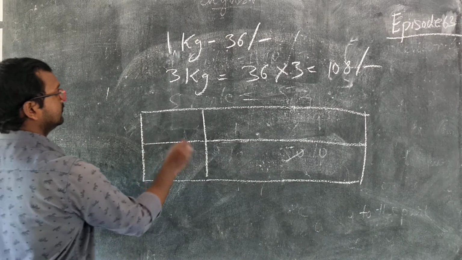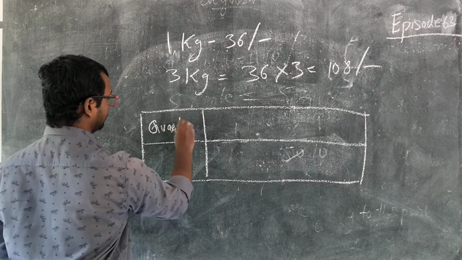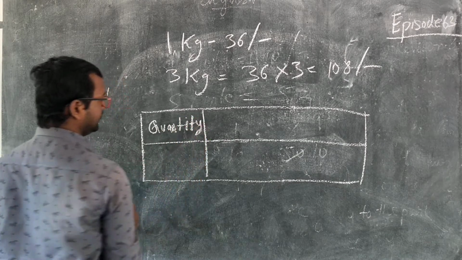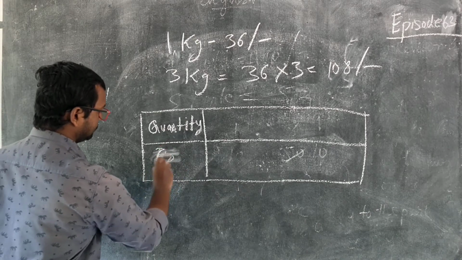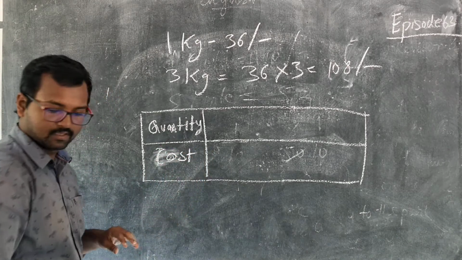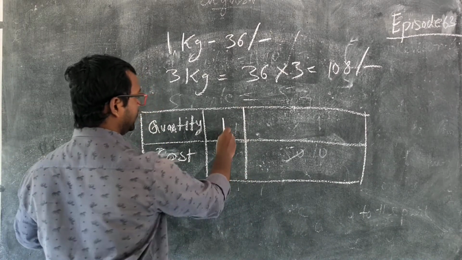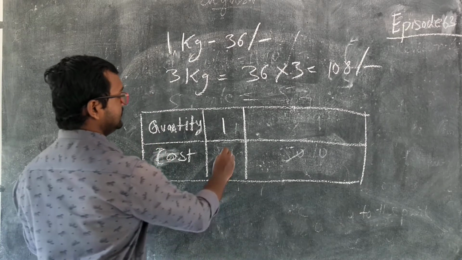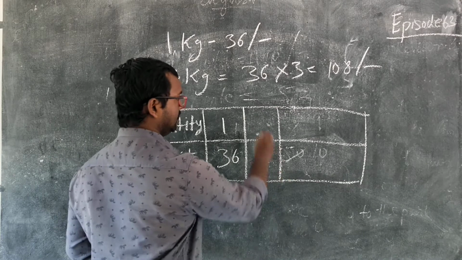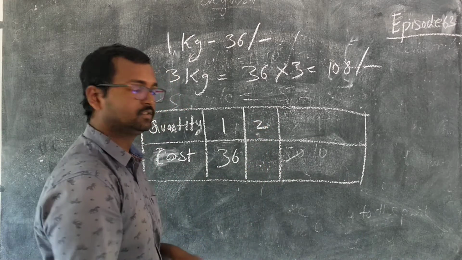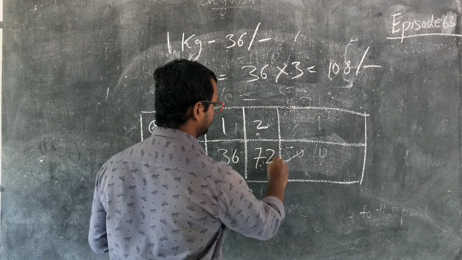Okay, so let us make a box and represent this. This is quantity, this is price or cost. 1 kilo quantity, price is 36 rupees. Quantity is 2 kilo, price is how much? 36 into 2, 72.